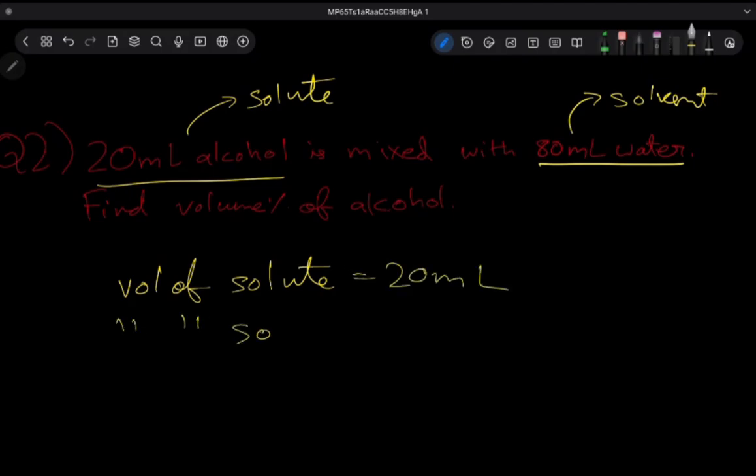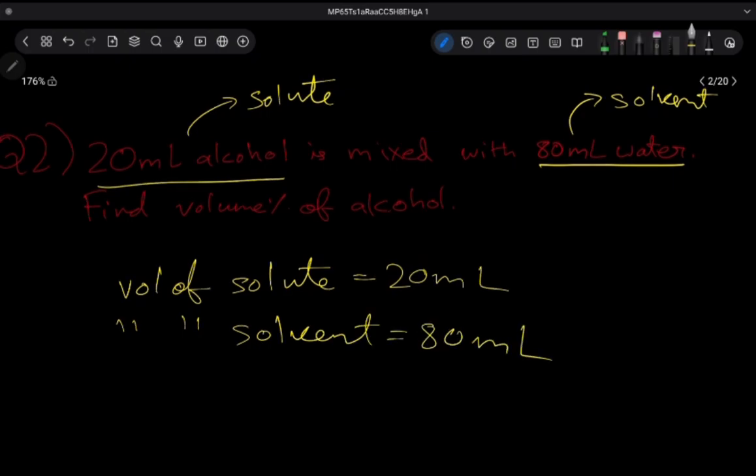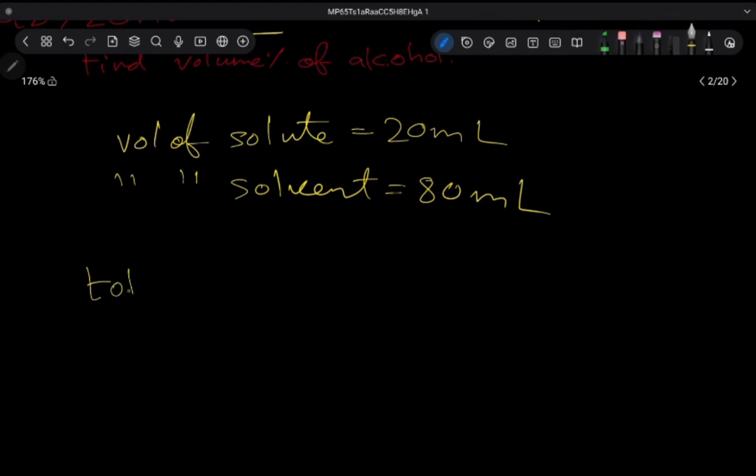Volume of solvent is 80 ml. Total volume is 20 plus 80, 100 ml.